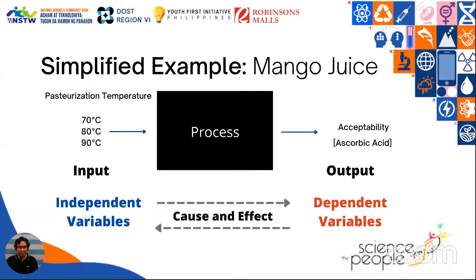Mag-level up tayo. We do mga other types of analysis like analysis of vitamin C sa product, or you also want to check the antioxidants, if there are antioxidants present in your product.